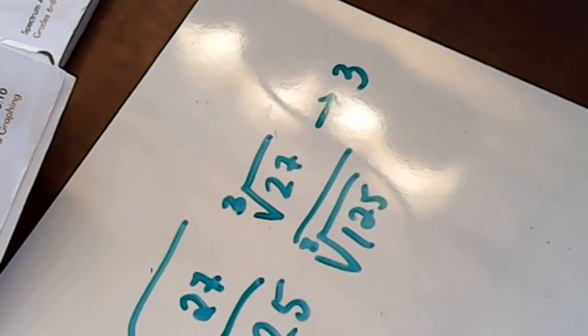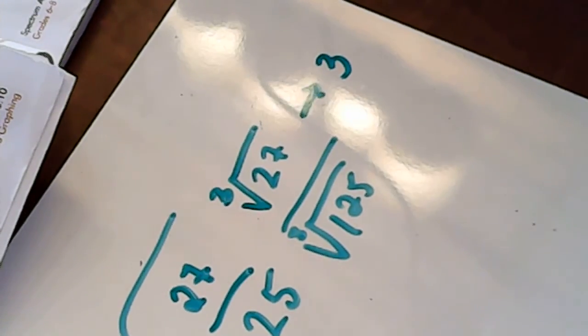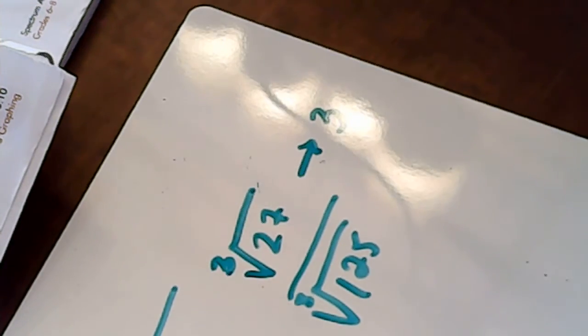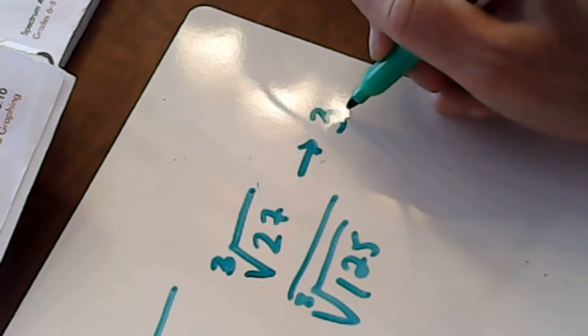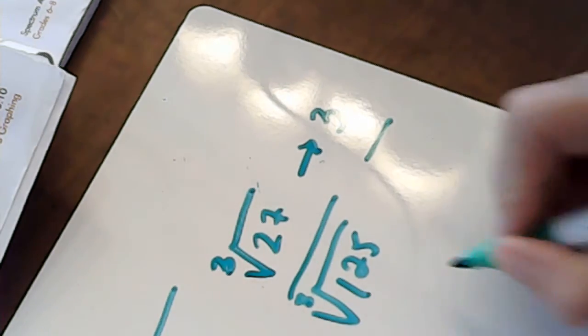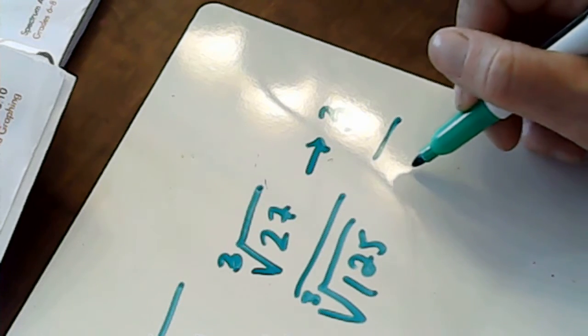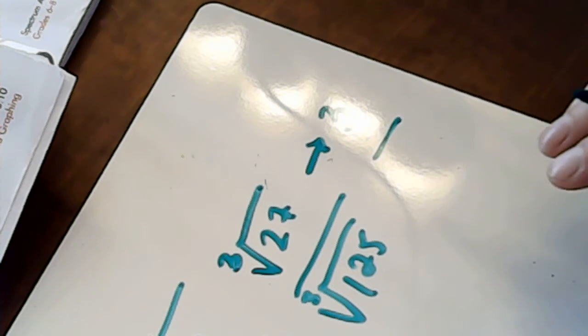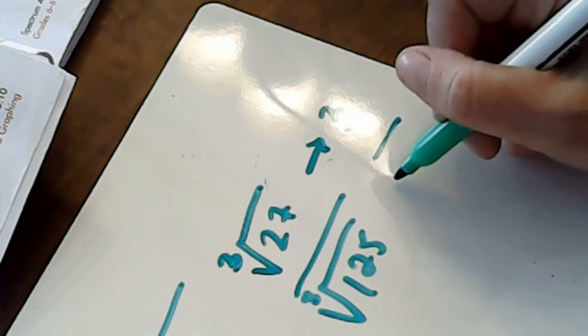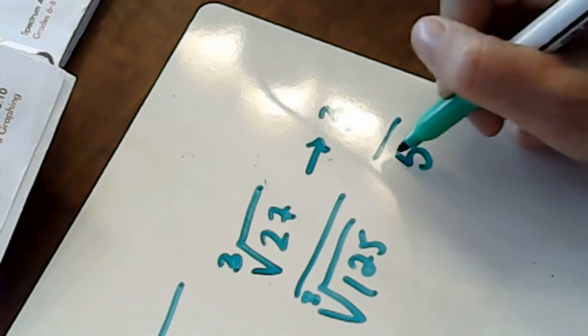Technology. There we go. The cube root of 27 is 3. And then the cube root of 125 is 5. Because 5 times 5 is 25 times another 5, right? Is 5.